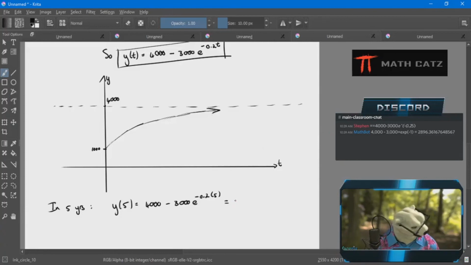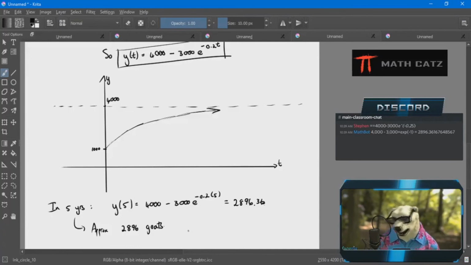So after 5 years, I get 2896.36. So we'll get approximately 2,896 goats. It makes sense because they're goats that we round to the nearest integer. We can't have a third of a goat walking around.